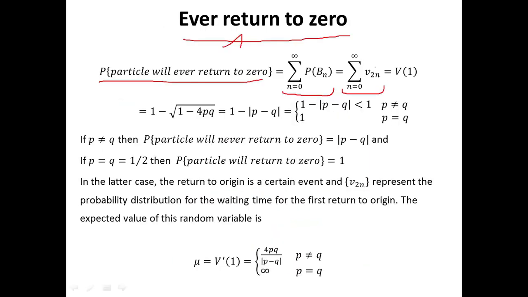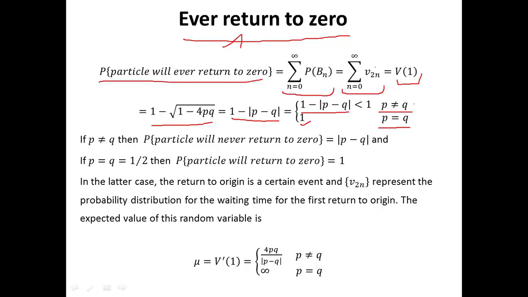Just by this substitution, this quantity results in V(1), which is 1 minus the square root of 1 minus 4pq, and if you solve, you will get this as 1 minus the magnitude of p minus q. This will always be a quantity less than 1 for the cases where the probability of success is not equal to the probability of failure. But if the probability of success equals the probability of failure, this quantity will always result in 1.